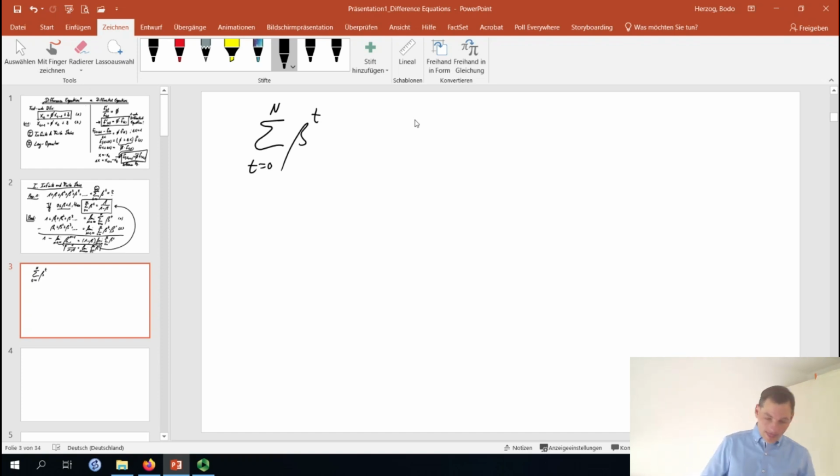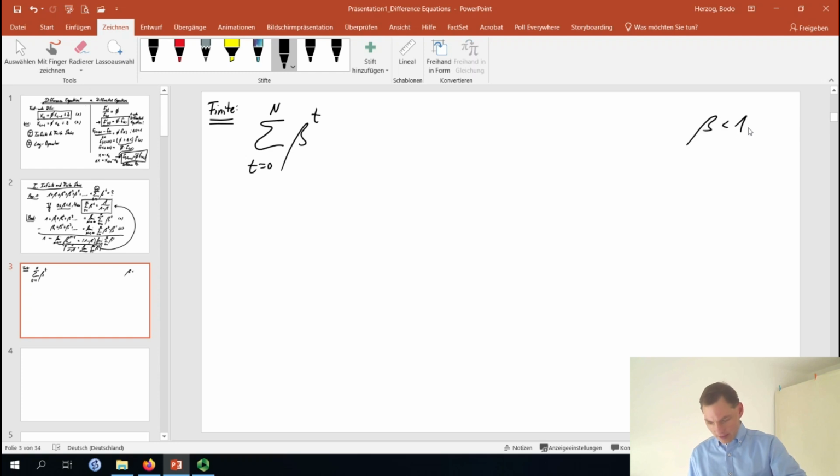Well, this would be finite. But what is this sum? Can we also find a term for this sum? Yes, we can, given, of course, that beta is again less than 1 but greater than 0.